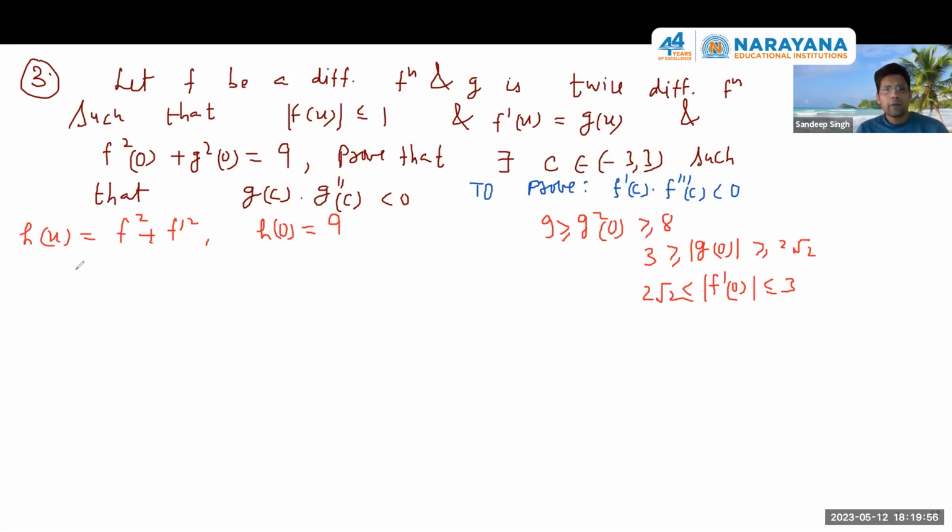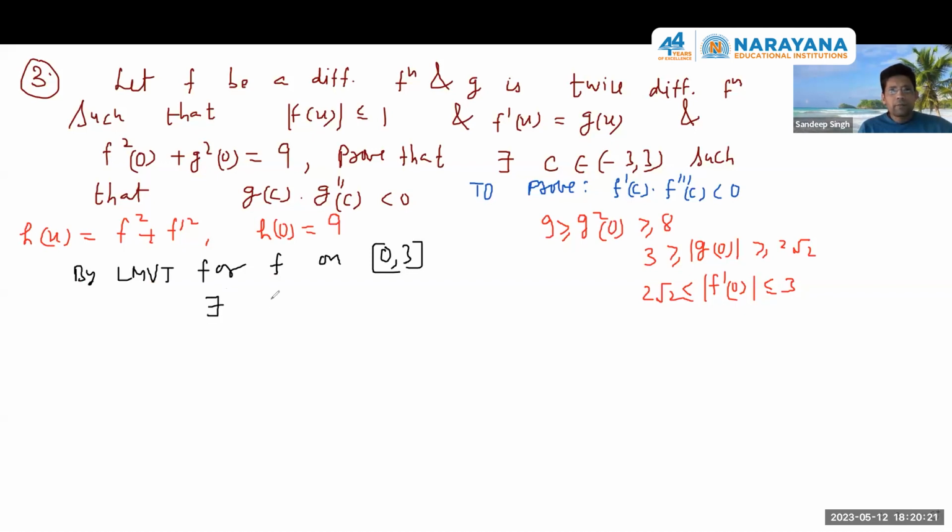By LMVT, I can apply because it is a differentiable function for F. In which interval? On, let us say, 0 to 3 I can apply, or similarly, I can apply for -3 to 0 also.